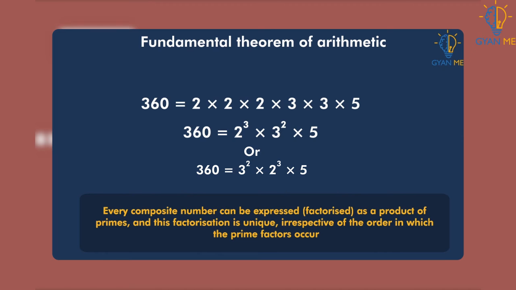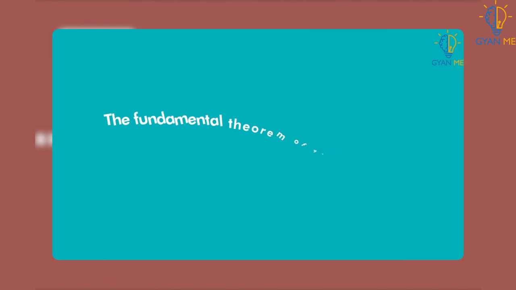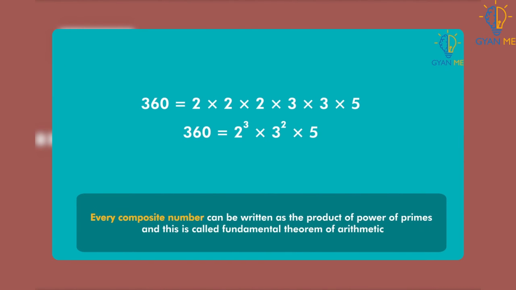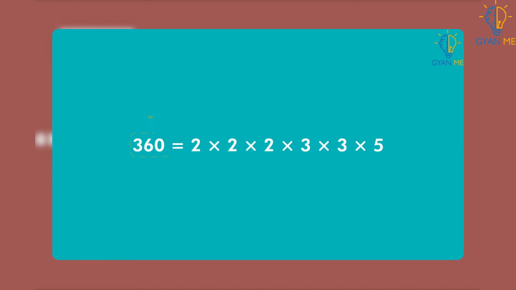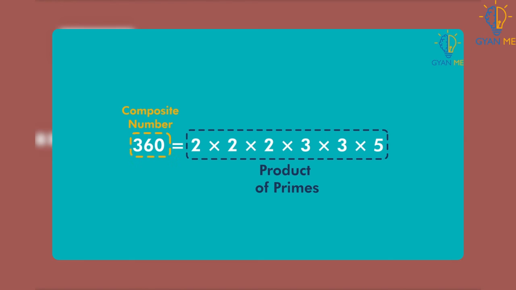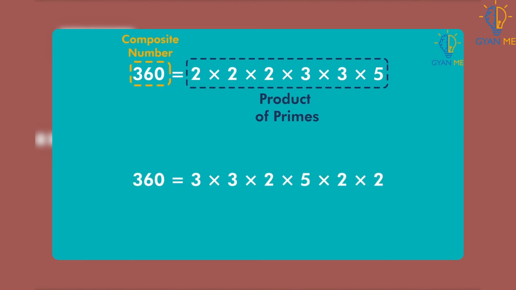In simple words, any two prime factorizations of the same number will have the same number of copies of the same primes, although their order may differ. Prime factorization of one number will never be the same as the prime factorization of another number.